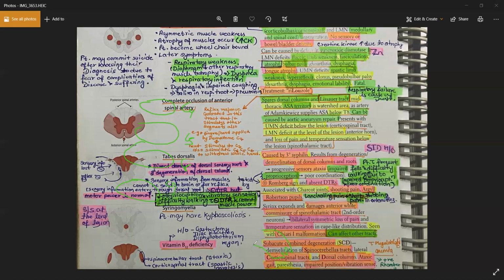What were they? In the hand we have three dermatomes: C6, C7, C8. And the extreme ones, C5 and T1, are only present in the forearm and arm, right?